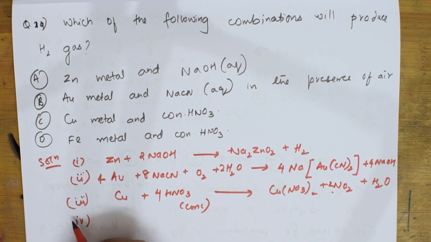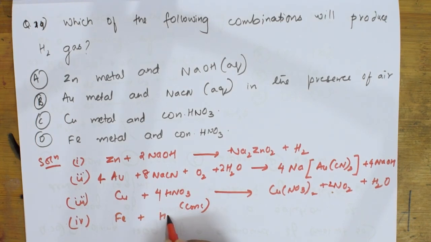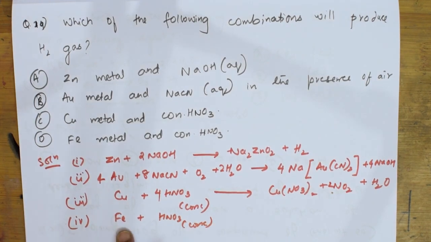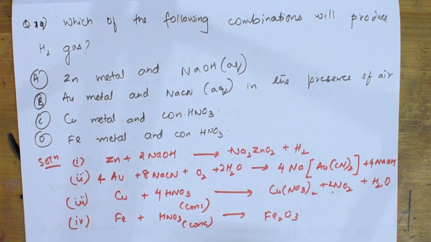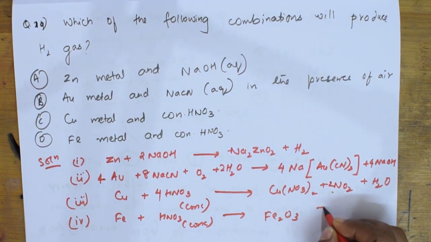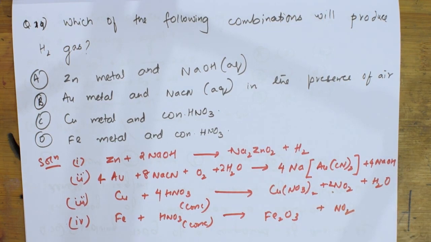Now in the fourth case, they said iron reacts with concentrated nitric acid. Here there is a formation of a passive layer. First you get the formation of Fe2O3 on the surface of Fe, and nitrogen gas is also evolved.